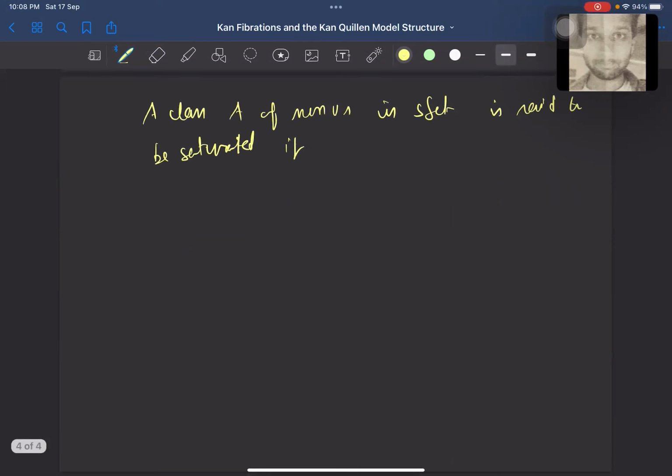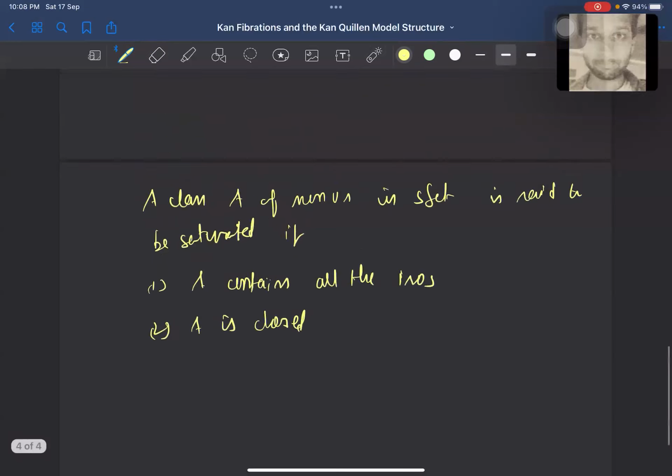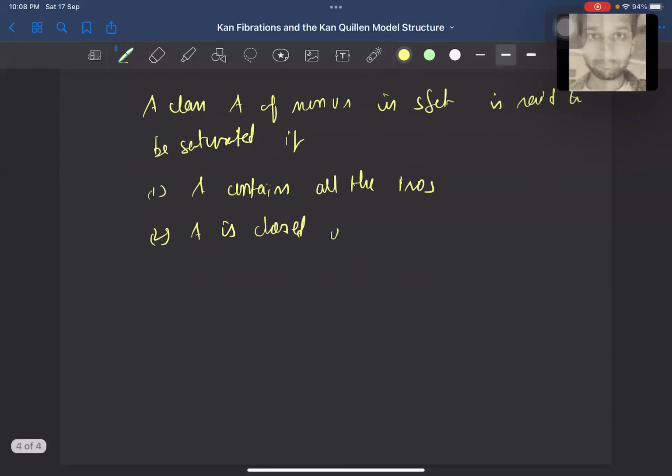As I said, this is a quick recap, and I'll be defining saturated sets in a slightly different way, but here it is. It contains all the isomorphisms. Then A is closed under push-outs.